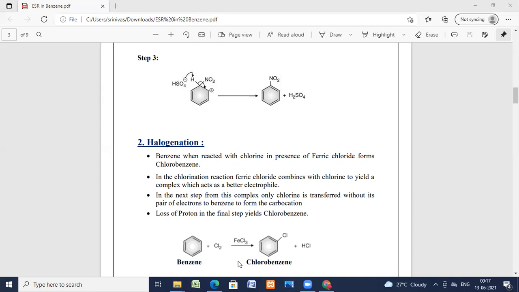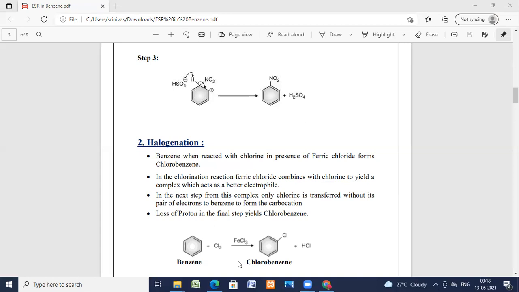Next, coming to the next reaction, we'll see aromatic halogenation, chlorination and bromination can be carried out by treating the aromatic compound with the halogen in presence of strong Lewis acids such as ferric chloride or aluminum halide. The usual practice is to add the reaction mixture plus halogen.